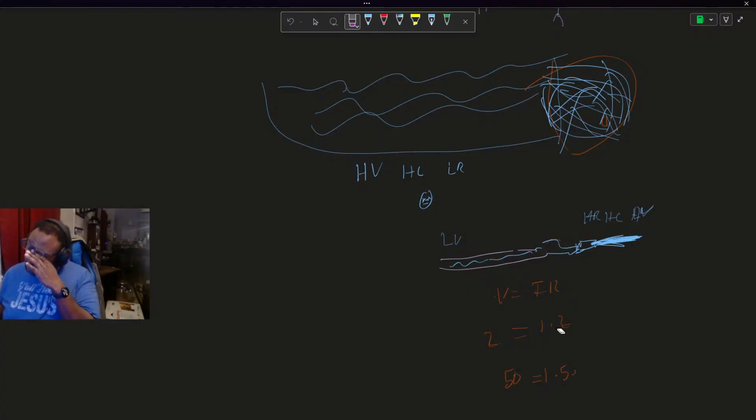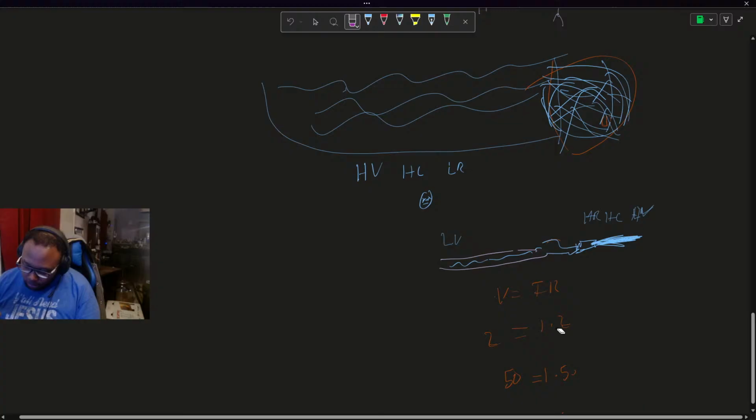That's where it gets dangerous. When you're dealing with 1 amp of current, 1 amp is a lot of amps. But if you multiply that by 0.2 volts, you only get 0.2 volts out of it. 0.2 volts at 1 amp is not that bad.